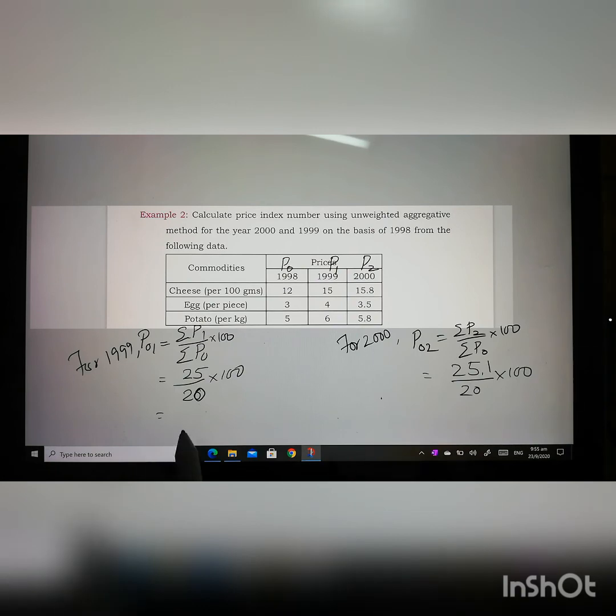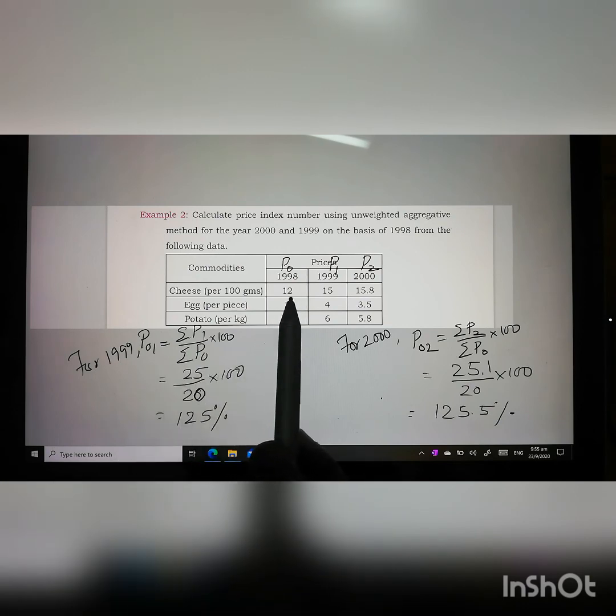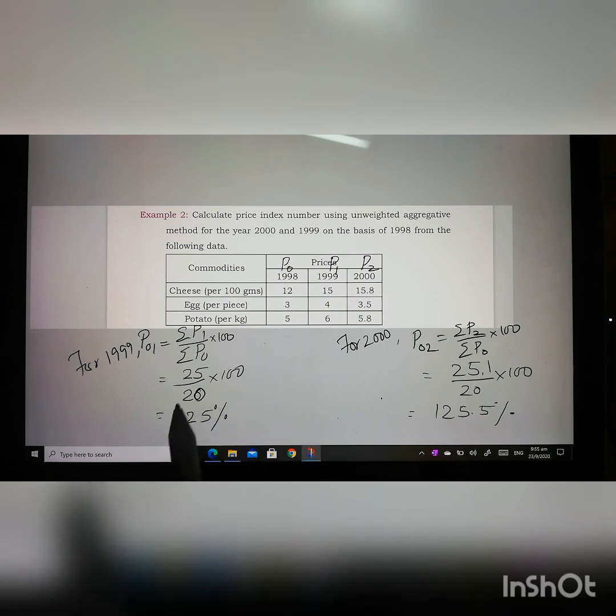We get 125%. And for this it would be 25.1 divided by 20 into 100, which is equal to 125.5%. Is that clear?